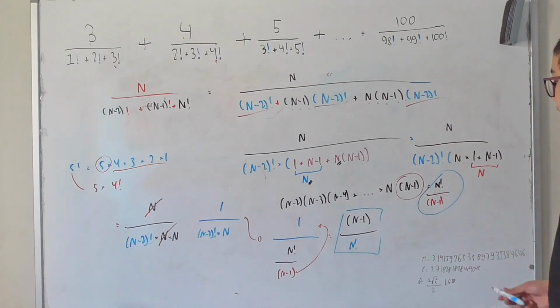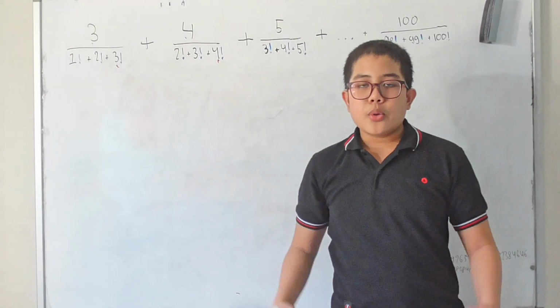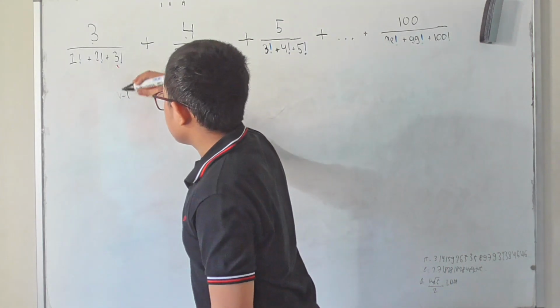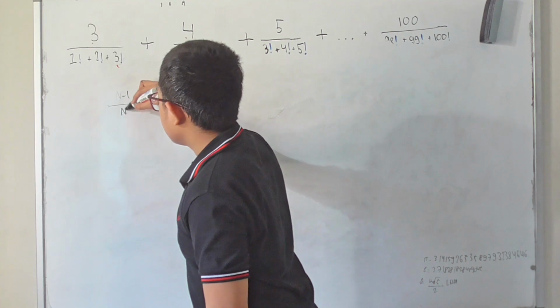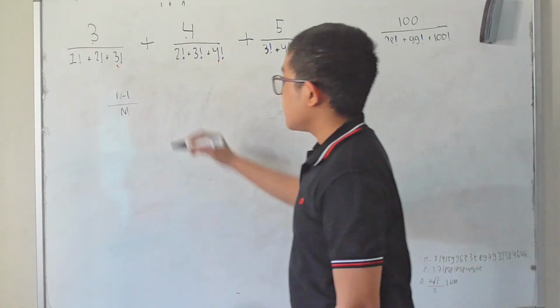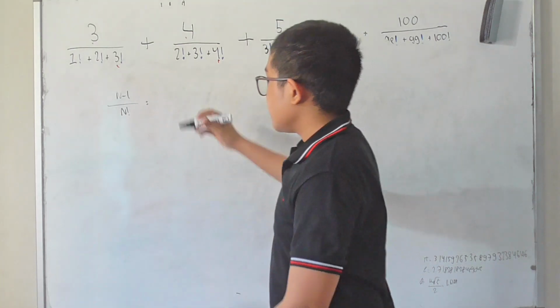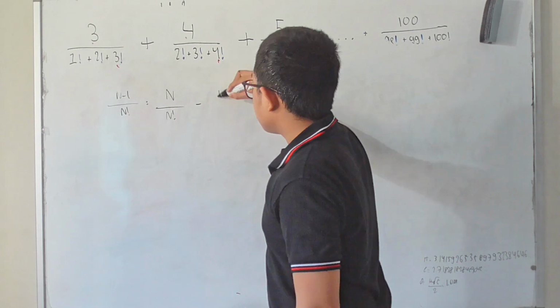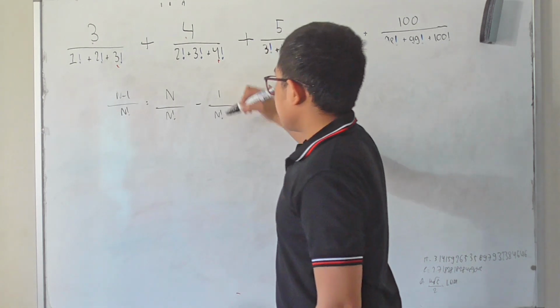But we can simplify it even further. So we obtained the expression n minus 1 divided by n factorial. Firstly, we can simplify this even more. We can break up the fraction into being n over n factorial minus 1 over n factorial.